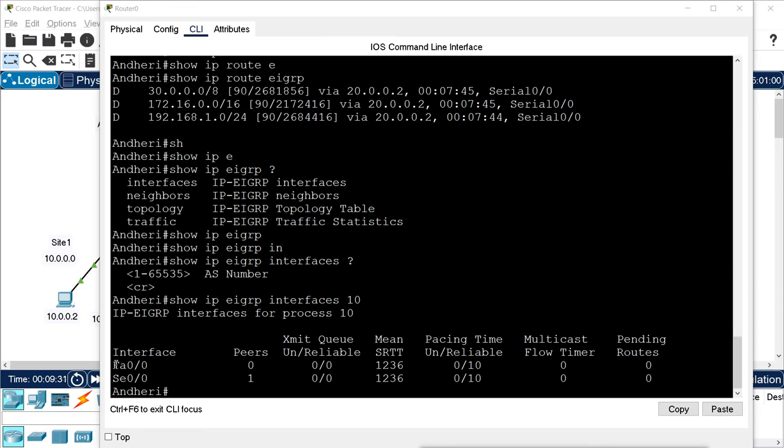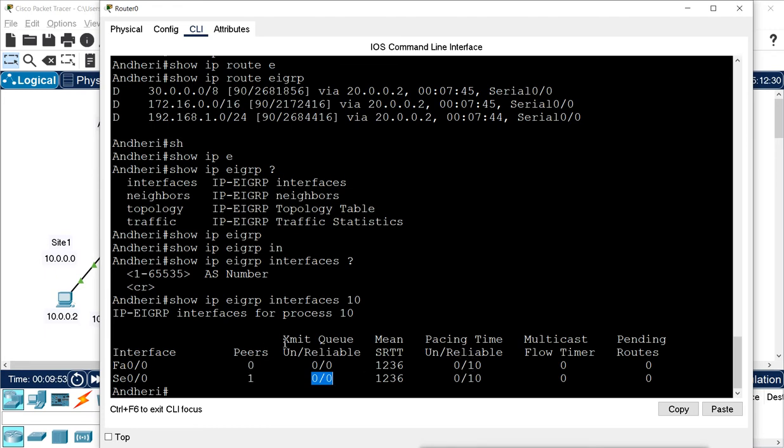Like this FastEthernet port is not connected to another router, it is connected to the LAN network, so there is no peer there, but the serial interface is connected to one router, so it's showing that. Then the reliable value is 0, so it is not having any value here. Mean SRTT, pacing time, unreliable.